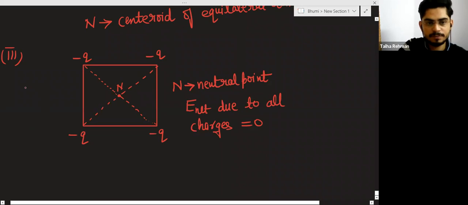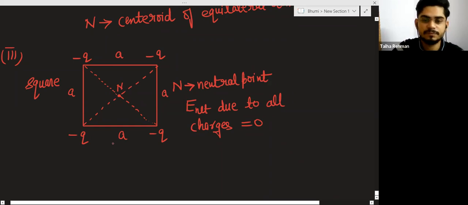This is a square, and we know the square has all sides equal, and the distances from the center to the vertices will also be equal.